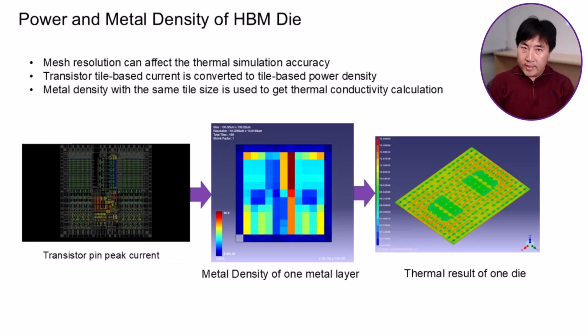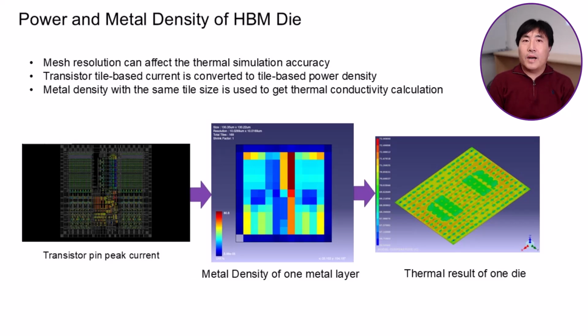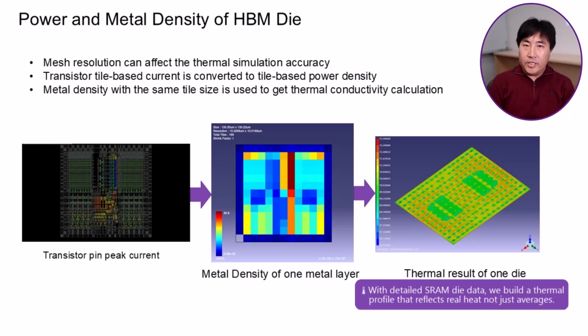Next, metal density at the same resolution helps us derive the thermal conductivity for each finite element within the whole system. By characterizing each SRAM die with this high-resolution data, we can build a stacked multi-die thermal profile that reflects the true heat behavior, not just the averages.